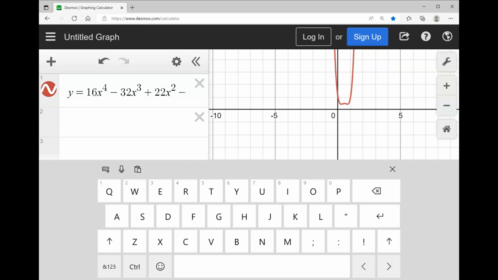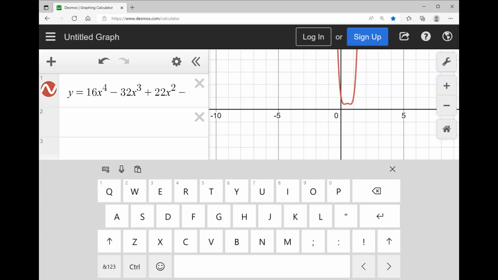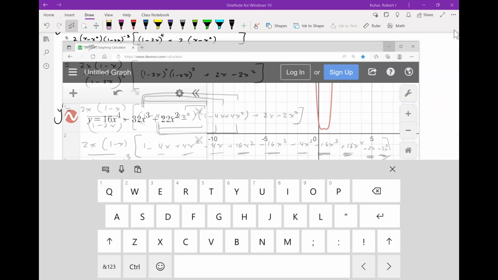Nice, and it doesn't factor, right? Do you see? It doesn't factor. It doesn't hit the x-axis. It can't factor. So it's done. That's my final answer there.